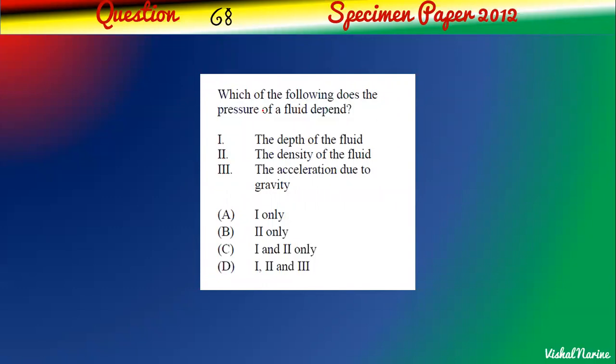So pressure of a fluid is equal to rho g h. Rho here means density, g means acceleration due to gravity, and h refers to the depth of the fluid.